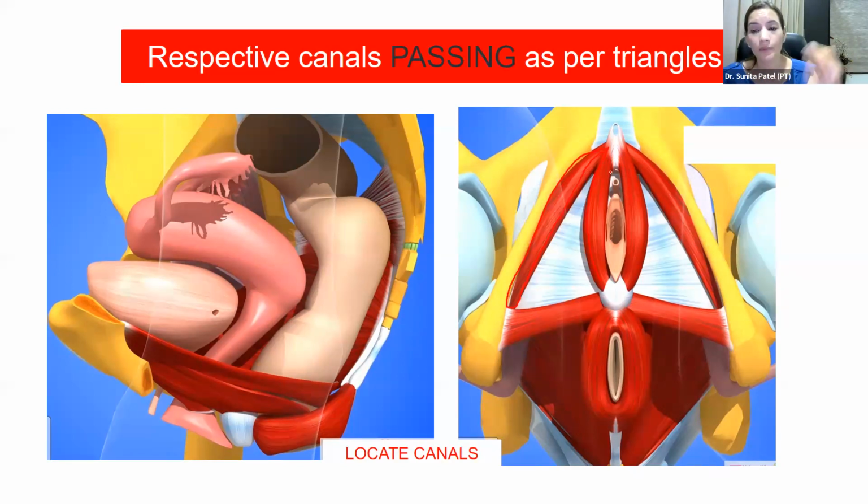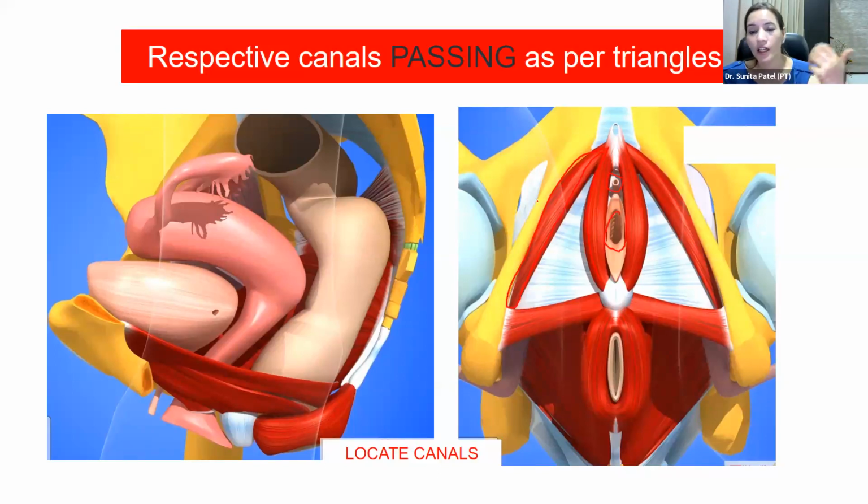Bulbo means the muscle which is on top of the bulb of the vestibule. The muscle goes towards the caves. There are two caves present: you can assume that the downward one is the vaginal cave, and upside we have the urethral cave. They form a kind of passage. So the muscles are the bulbocavernosus and ischiocavernosus.